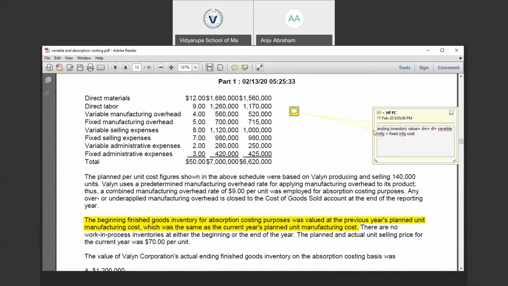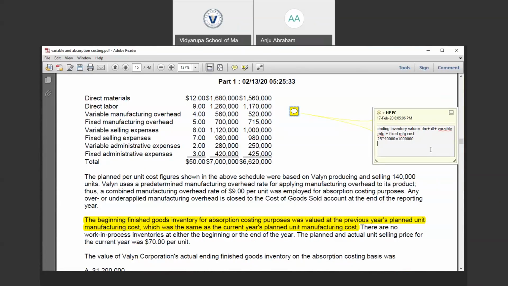So direct material, direct labor, and variable manufacturing, we know that they are variable cost. So per unit cost would be the same, 12 plus 9 plus 4, which is going to be 25. 12 plus 4, 16. 16 plus 9, 25. So 25 into 40,000, right? 25 into 40,000 is going to be 1 million.